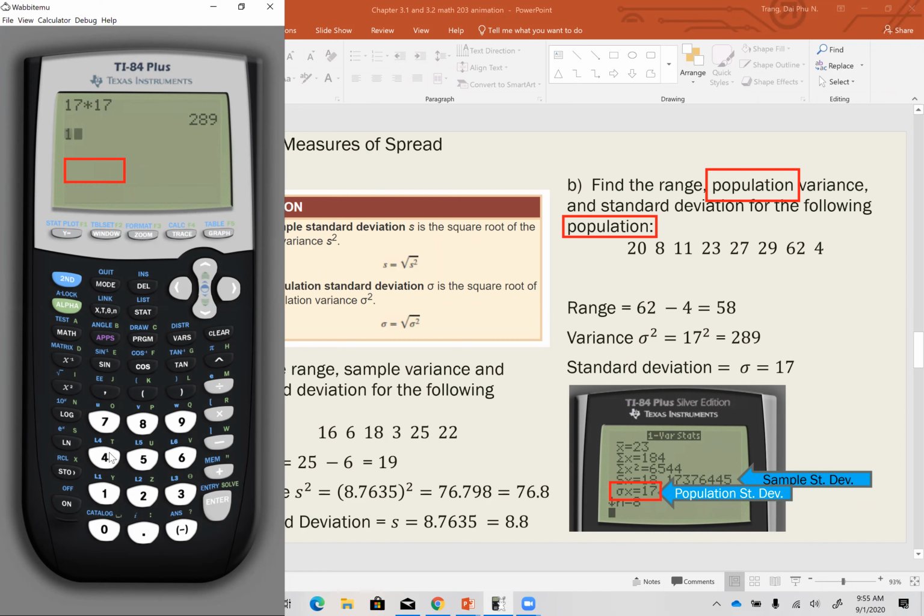Or if you later on, you will see that the caret sign is the same, which is you can say 17 caret 2, which is 17 square. So it doesn't matter how you type in, the variance is 289.